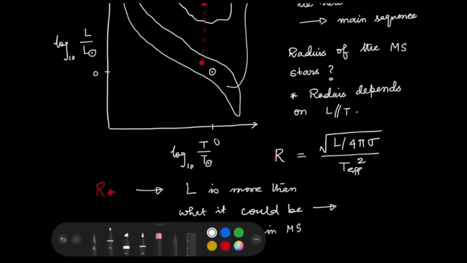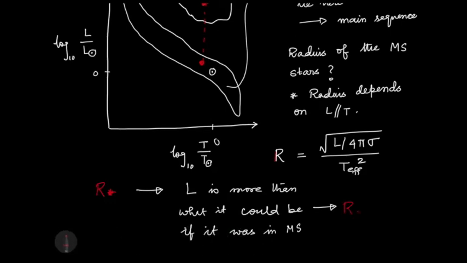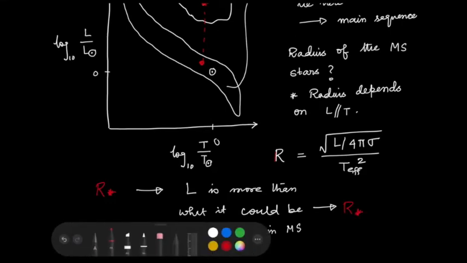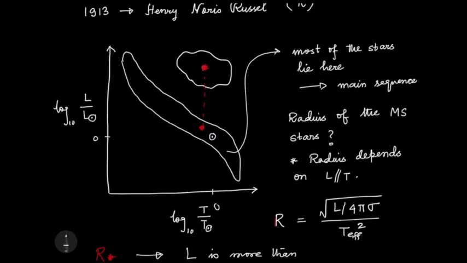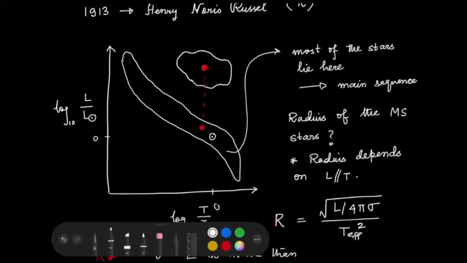What does it tell you? It tells you that the radius of this red star is greater than the radius of the same star in the main sequence. Because of that, we call it a giant. So these stars, because of this fact, are called red giants. Why they are called red, we will understand a little later in the course, but you understand now why they are called giants.